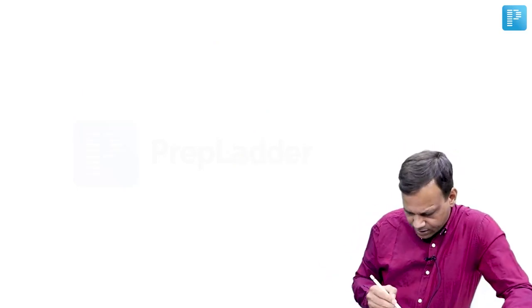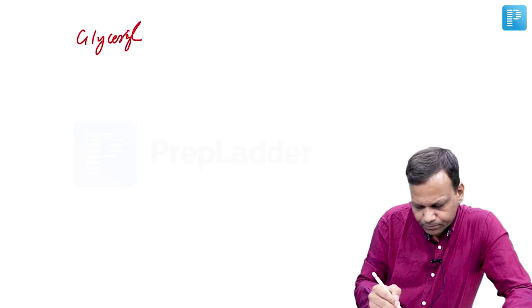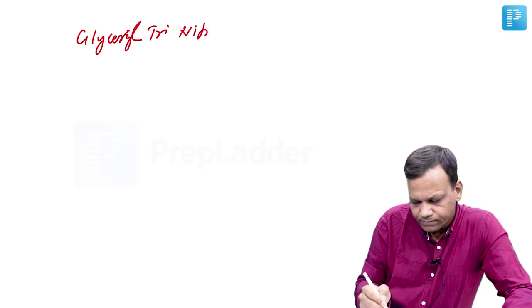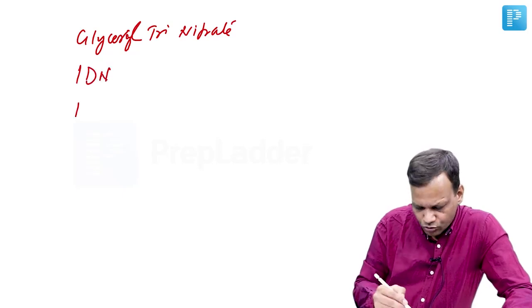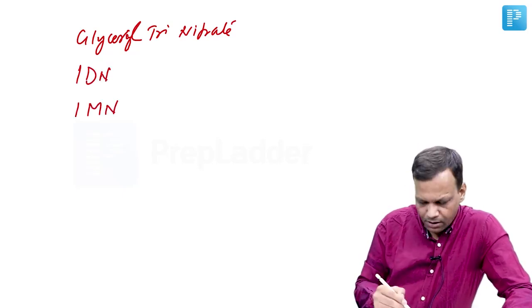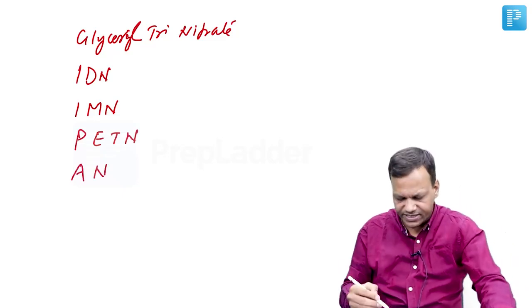Now the nitrate drugs include glyceryl trinitrate or nitroglycerin. We have isosorbide dinitrate, isosorbide mononitrate, pentaerythritol tetranitrate, and amyl nitrite. 5 types of nitrates are there.